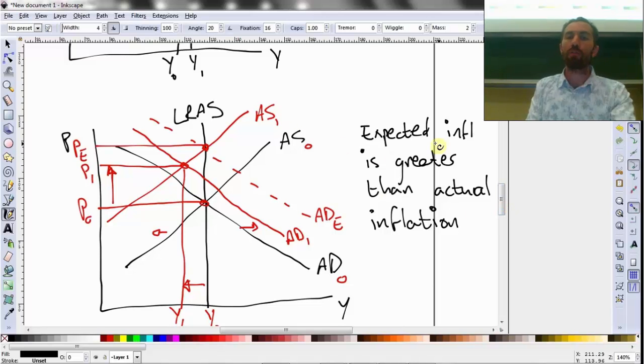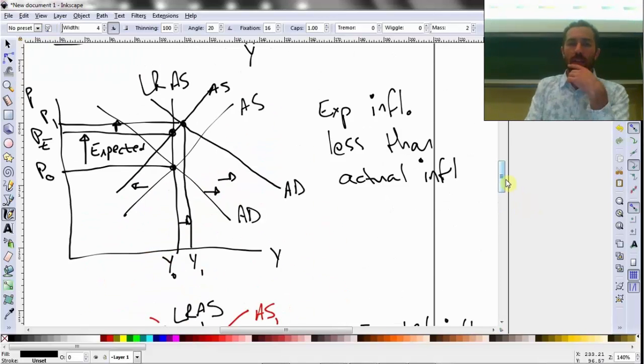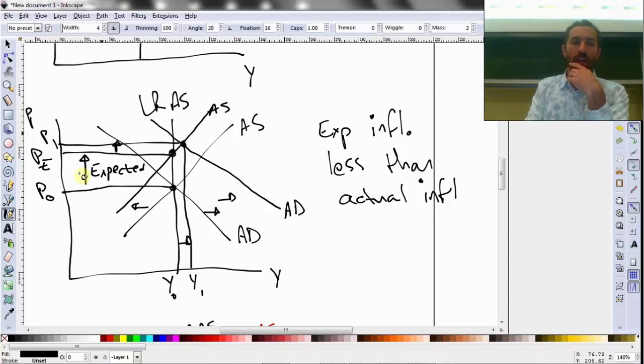If we overestimate inflation, we decrease employment. But here's the interesting thing. This diagram suggests that if we want to increase employment, we have a trade-off to make because we're going to increase prices. So there's a trade-off between inflation and growth.